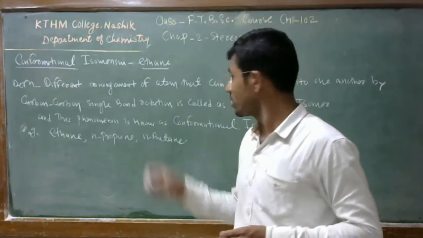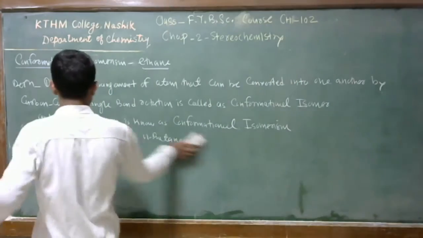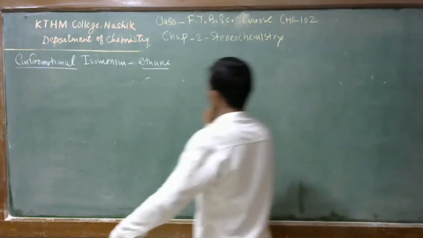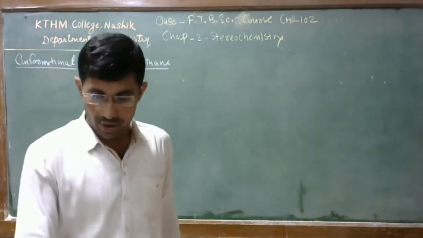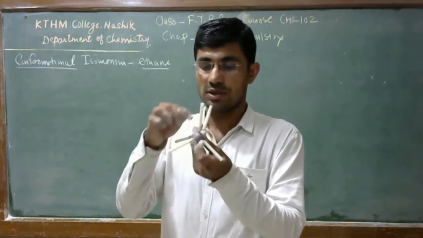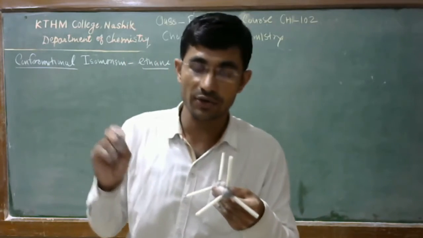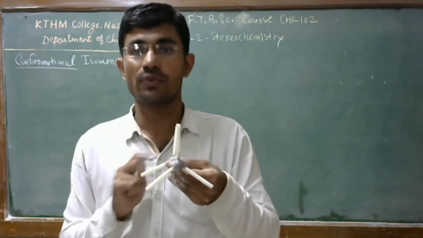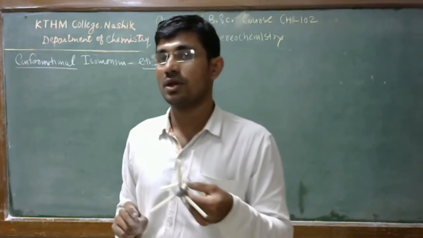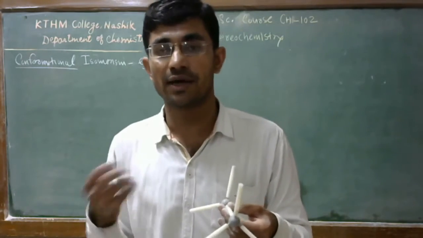So in this lecture we are going to discuss conformational isomerism in the ethane molecule. With the help of a model, this contains two carbons and each carbon carries three hydrogens. The ethane molecule is present in two conformations: first is eclipsed, and second is staggered, also called anti-conformation.